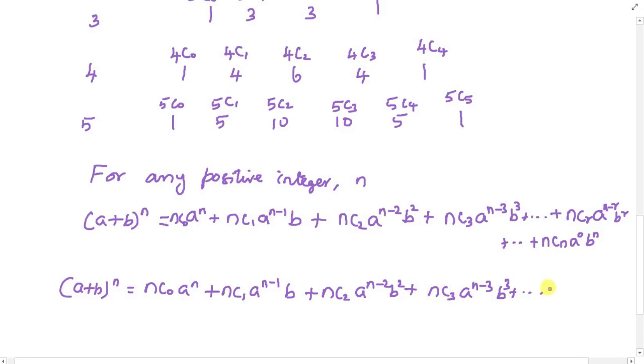So if there is a term nCr a power n minus r into b power r, what is this nCr? Coefficient of the (r + 1)th term, plus etc. The last term will be nCn b power n, and this is the binomial expansion for (a + b) whole power n.